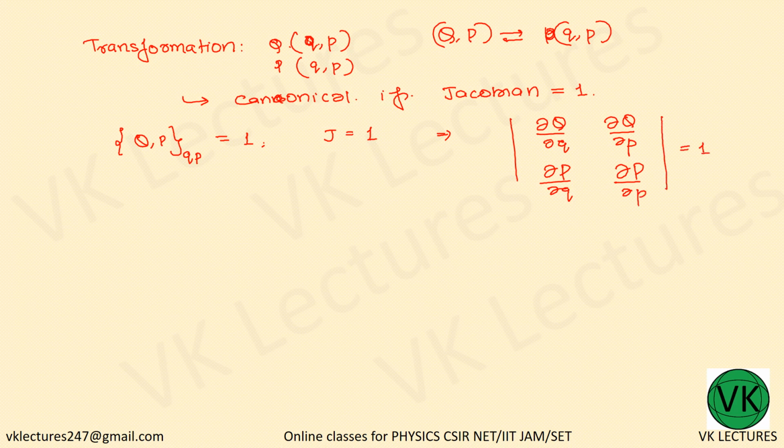So this is how a transformation becomes canonical, that is, the Jacobian has to be 1 or the Poisson bracket has to be equal to 1. So when we say that dA dash equal to J times dA, here dA dash will be equal to dA. So this is what happens in Jacobian.